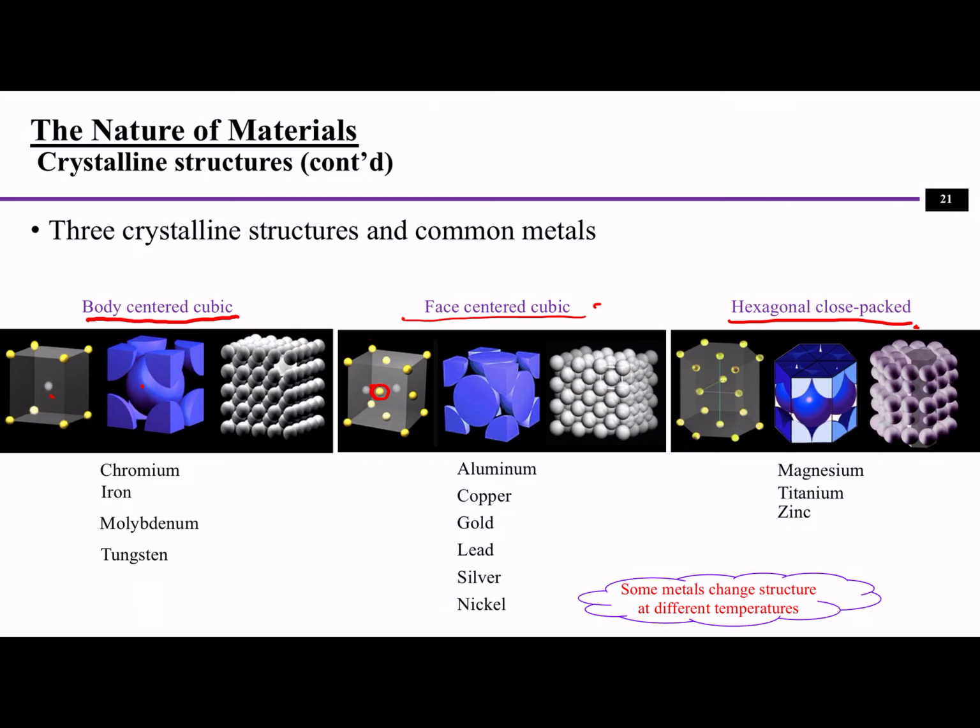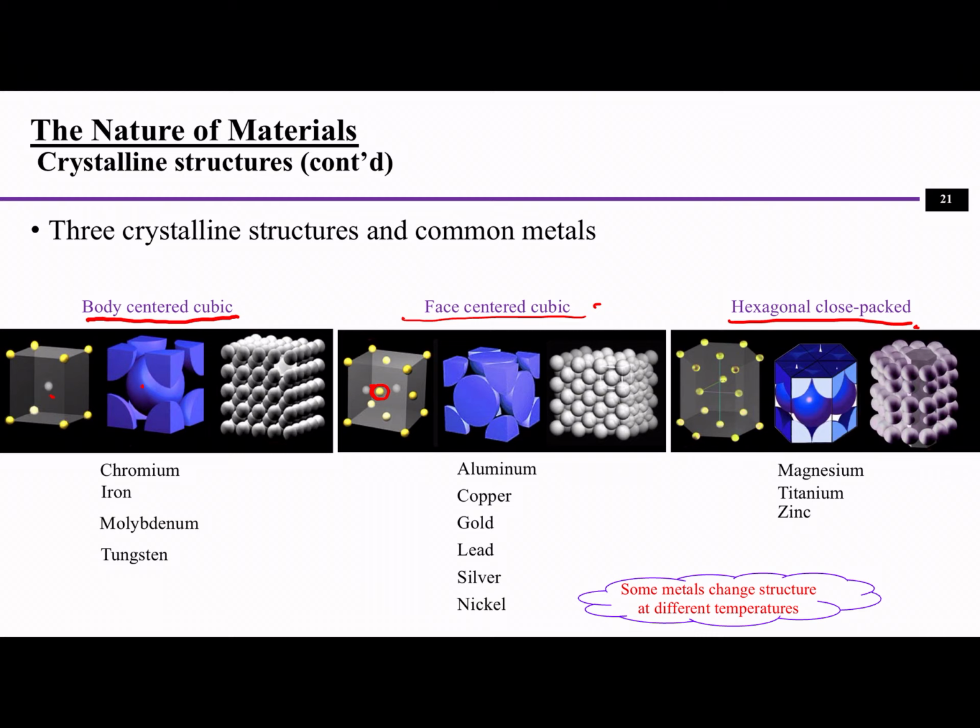That's why body-centered cubic materials usually have high strength, like chromium, iron, molybdenum and tungsten, right? If you're familiar with machining, you can see those materials are used a lot in tool materials, cutting tools, or as elements integrated into the tool materials.